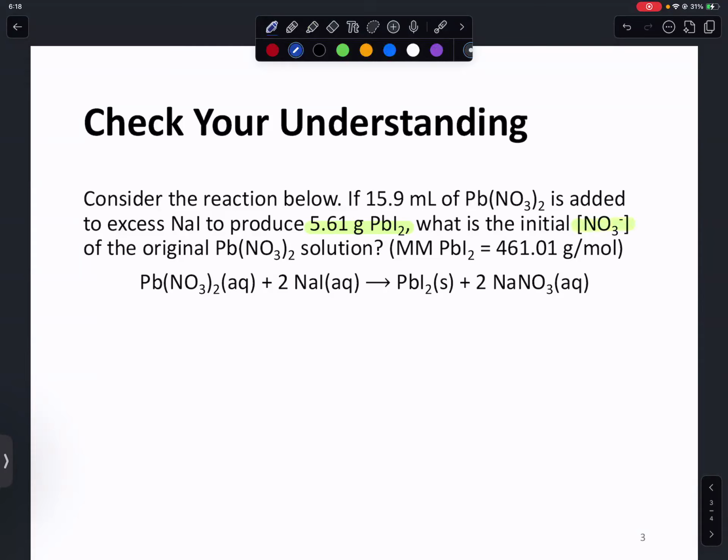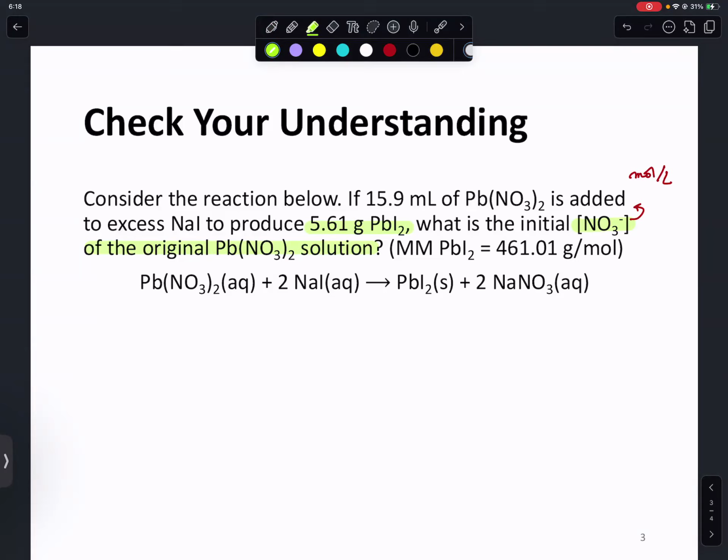So remember, the brackets right here indicate that the concentration is moles per liter, in the original lead 2 nitrate solution, and you're given the molar mass of lead 2 iodide.